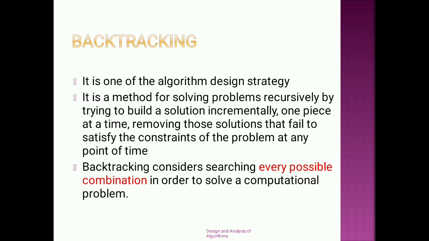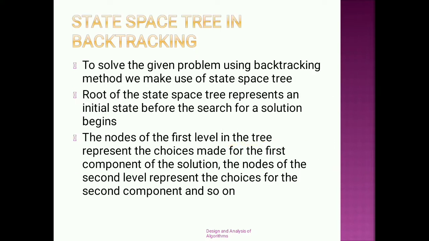That is, we just want to find one single solution which is optimal. In backtracking, we solve problems which may have multiple solutions. If you are using the backtracking method, you will get the multiple solutions. So it considers searching every possible combination which will give you the solution.